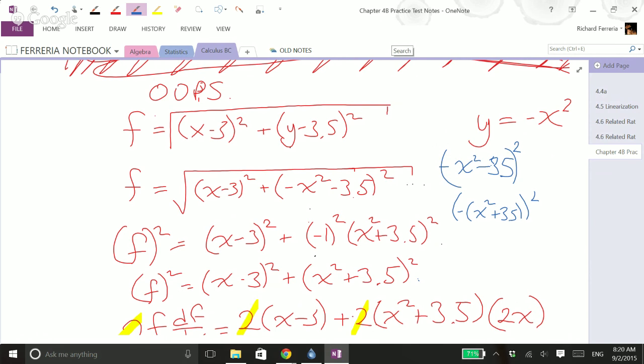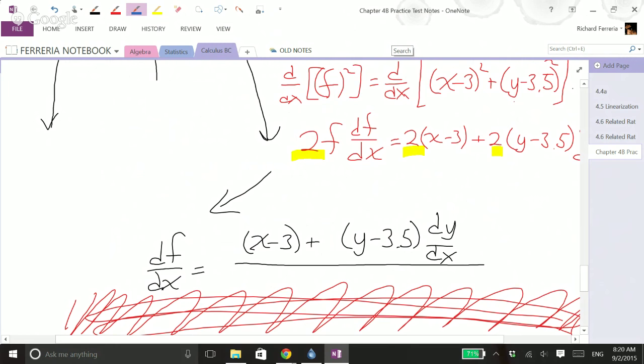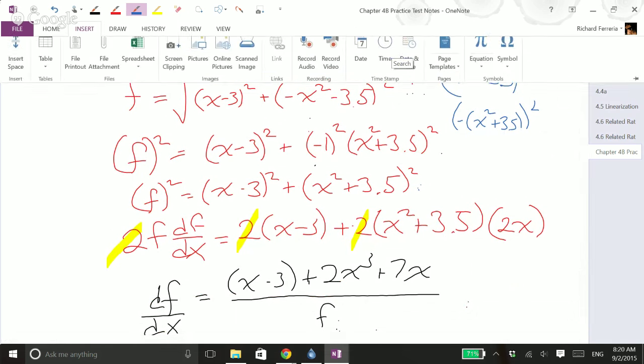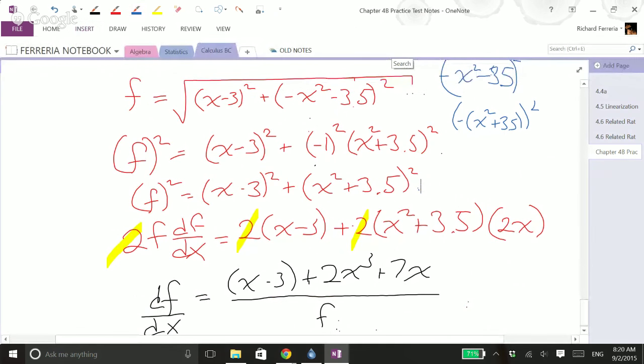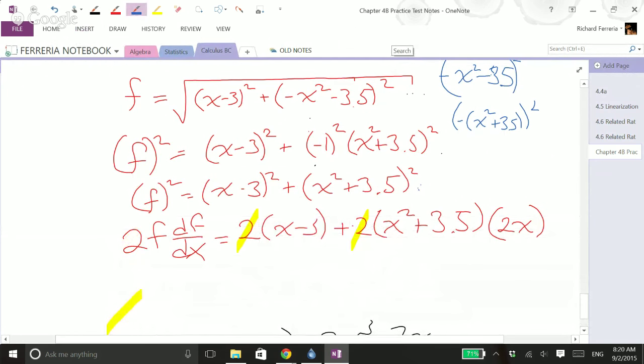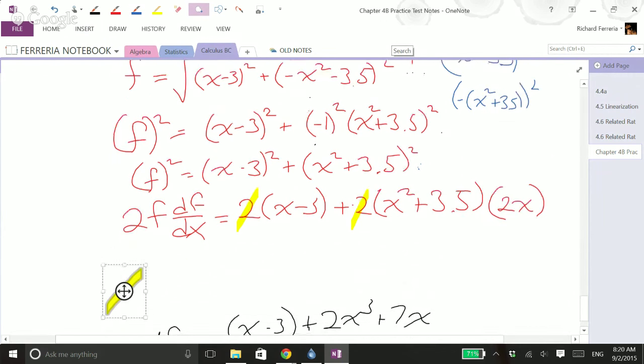Okay, now what do we do? We scroll the correct way. Simplified here, derivative here. I'm going to write that line there, the derivative part. I moved the wrong part down, didn't I?